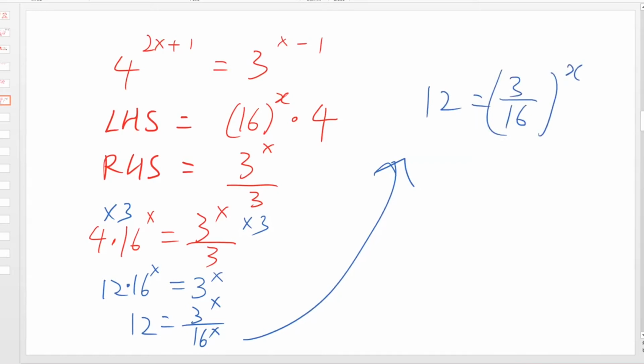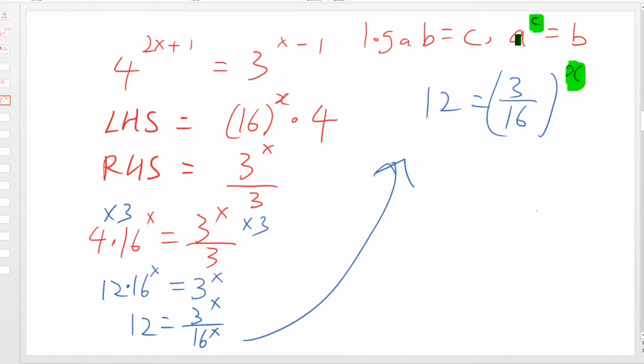So I make use of this formula: log_A B equals C, then A to the power of C is equal to B. Can you remember? Yeah. Can you see that this x is your C, and this is your A? Basically, you just change it to this form.